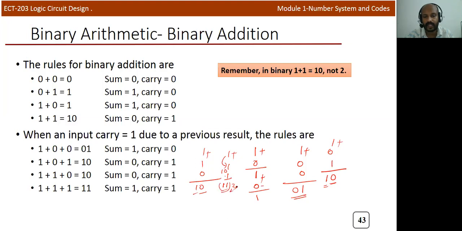This is 2, but in decimal it is 3, because if you add 1 plus 1, you will get 2 in decimal, which is in binary represented as 1 0, and if you again add 1, you will get 3. So 1 1 is actually the representation of 3 in binary.